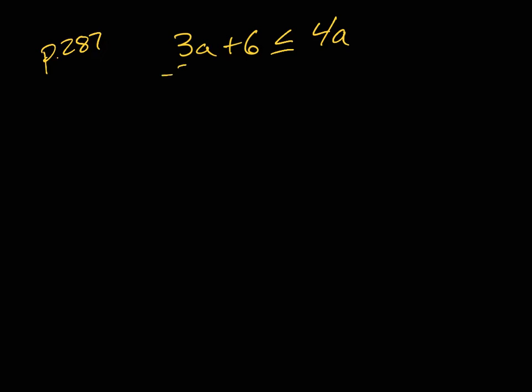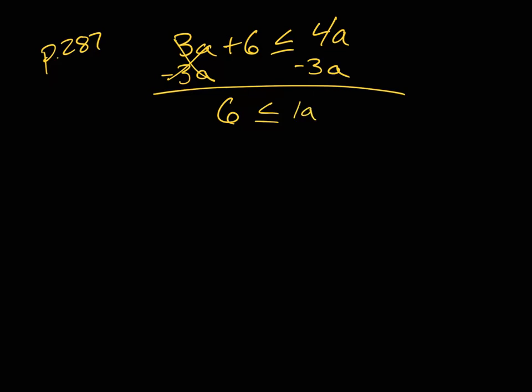So I'm going to do that by minusing 3a, and then I get 6 is, oops, need to make sure I get the right sign here. Less than or equal to 4a minus 3a is just 1a, or 6 is less than or equal to a.